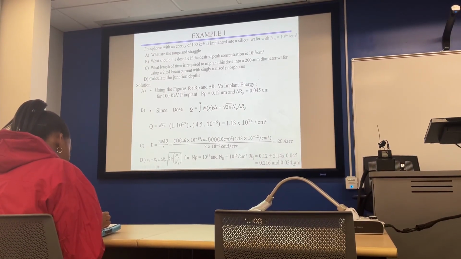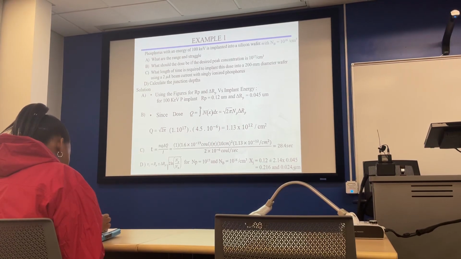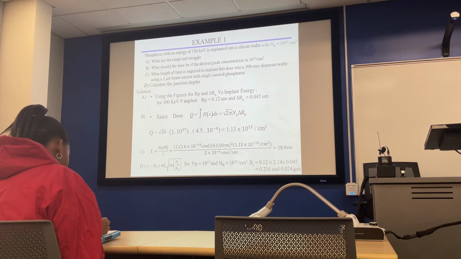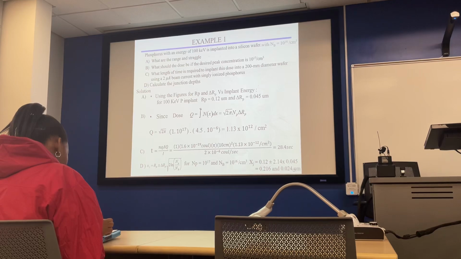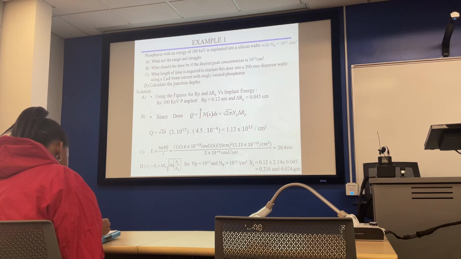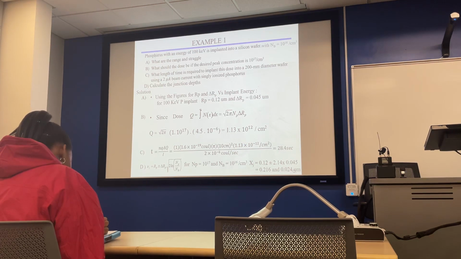So in 28 seconds you can do the implantation. This is very nice. Theoretically, this whole thing is very nice, because the way I put these equations for you, I hope it makes it easier for you to understand all these things. And this example is another good one that brings a lot of the concepts together.